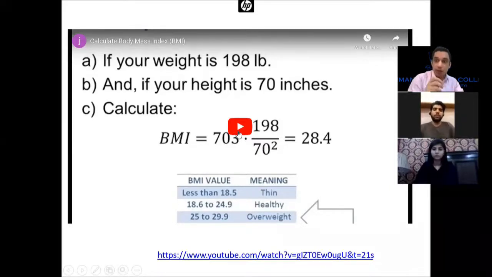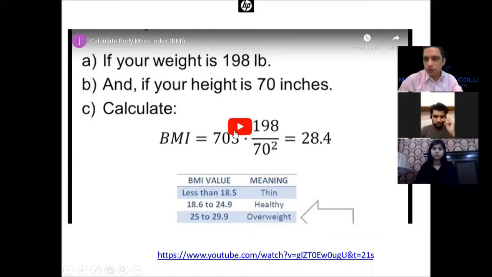So you need to be very accurate that the units are the ones which I will be teaching you. I took help from certain videos for this lecture, so you can reproduce those YouTube videos on your computers later on, to help you calculate the body mass index. So it's not a big deal.